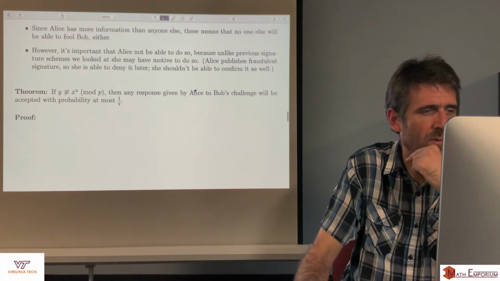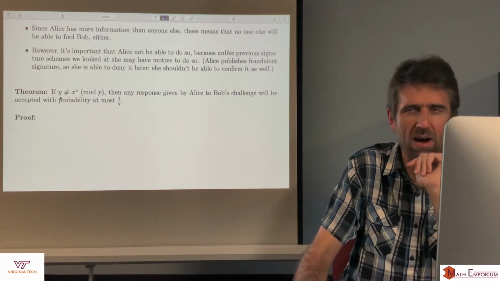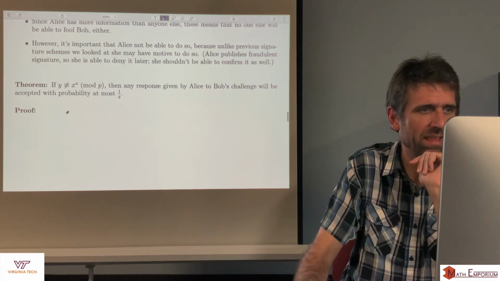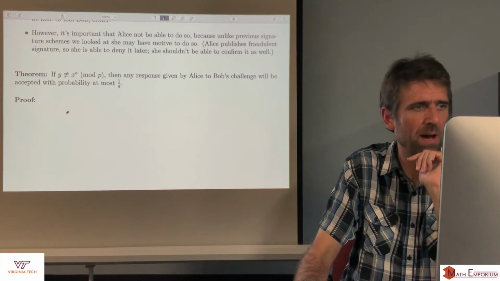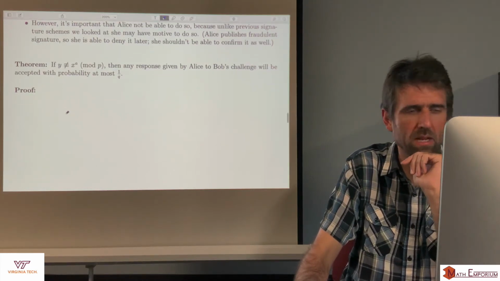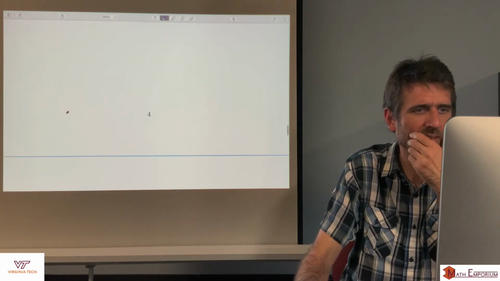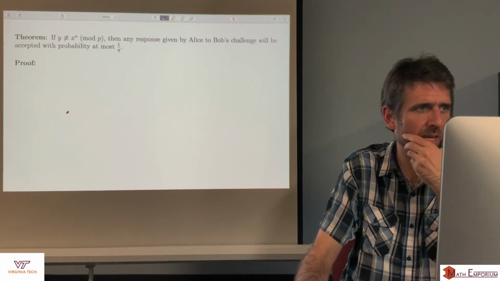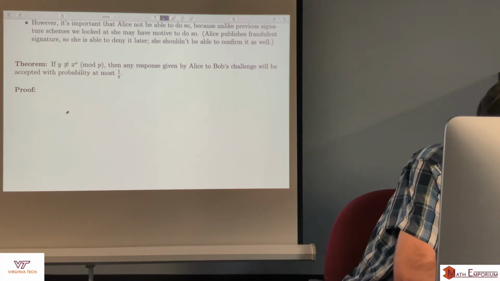This says that if y is not the correct second component of the signature, so if y is actually not congruent to x to the a mod p, then any response given by Alice to Bob's challenge will be accepted by Bob with a probability at most 1 over q. And since q will be a massive prime number, that means it'll be accepted with a very small probability at best.